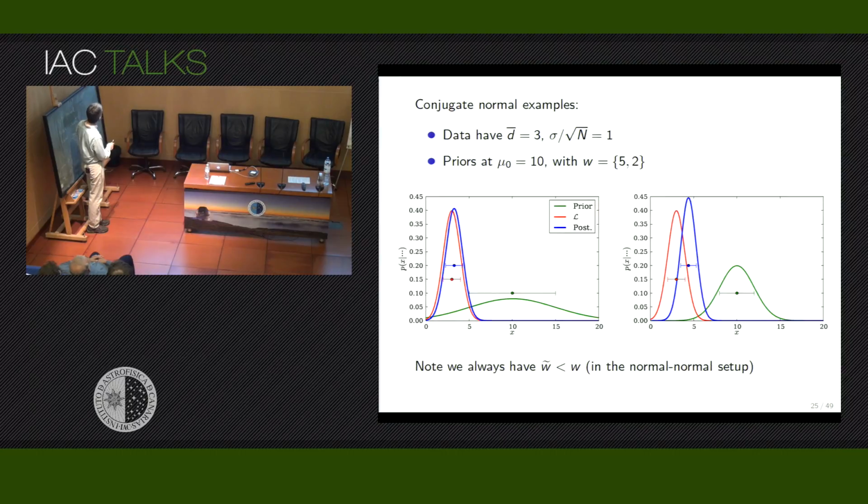It has a width of 5. And the posterior, this blue curve here, hardly changes. Here the prior is significantly narrower. It has a width of 2, not too much different than the width of the likelihood, which is 1. And so the posterior here shifts more significantly from the likelihood. Still not dramatically, but significantly.